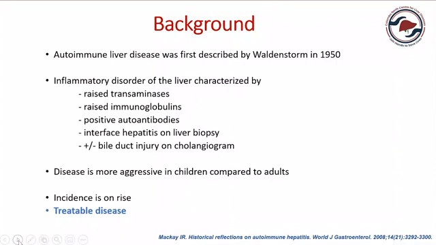More importantly, I would like to highlight that this is a treatable liver disease. If we take the types of liver disease we see in children, only a handful of diseases are treatable with specific medications. Most of the disorders are inherited and ultimately would require liver transplantation.